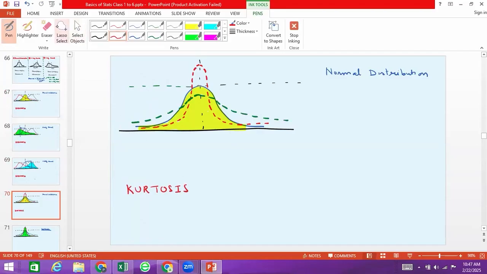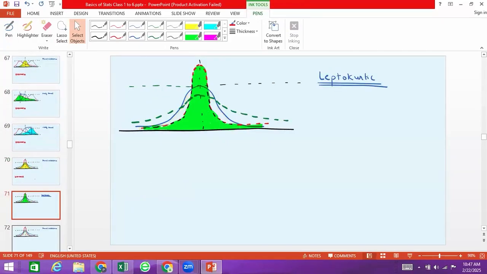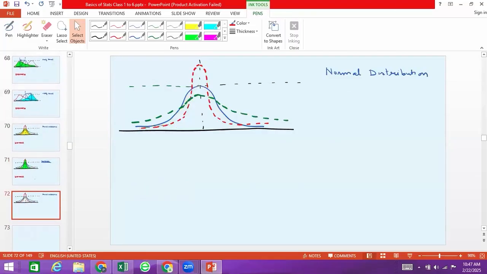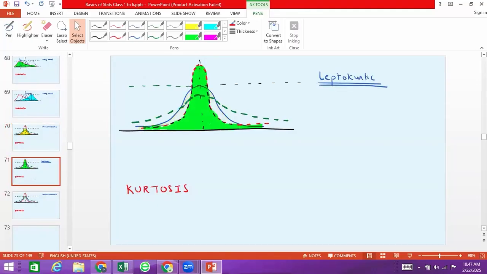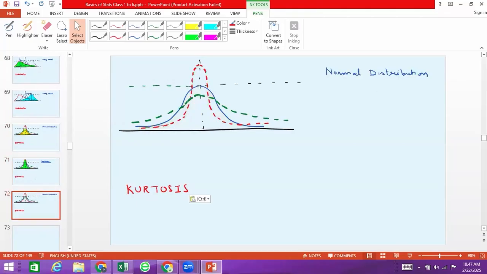You can remember leptokurtic and platykurtic if you want, it will be better, but otherwise not needed. If it is what it should be, then it is normal distribution. When it is more than what it should be, it is called leptokurtic. When it is flatter than what it should be. Look at this data.